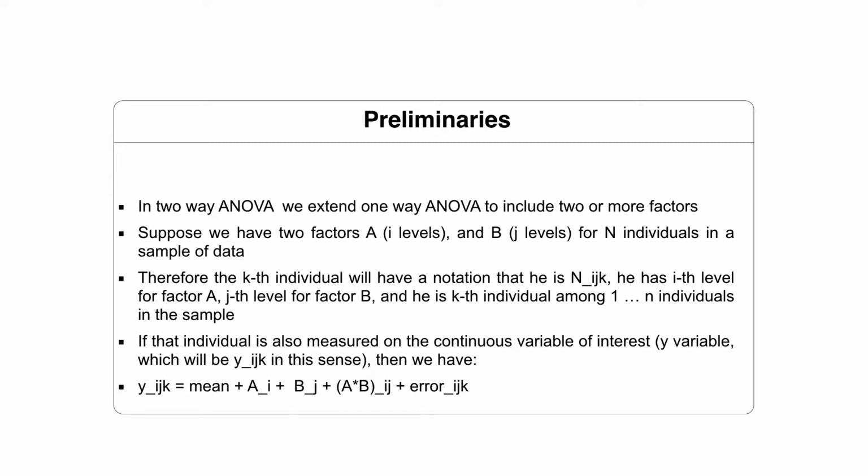Therefore, AB, when we put them together in an interaction term, it will have I times J number of categories. And that is represented here by AB underscore IJ.